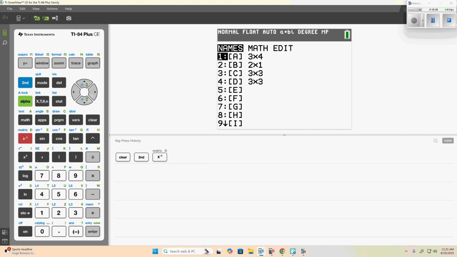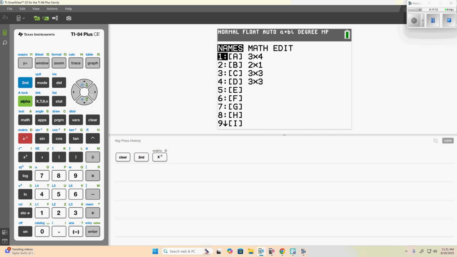We all have this screen? So the numbers next to A, B, C, D can be different, or you can have nothing, but for the most part we see a screen that looks similar to this. What's next to A, B, C, D doesn't matter, but you do have names, math, edit, and then A through I going down. Yes?